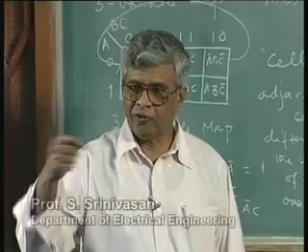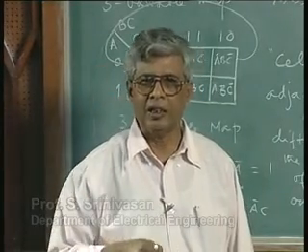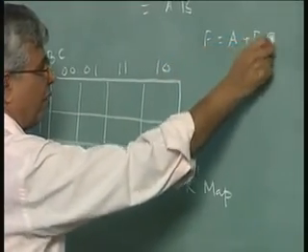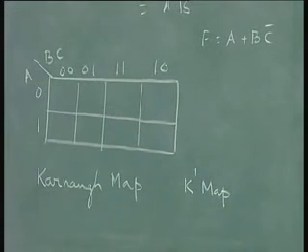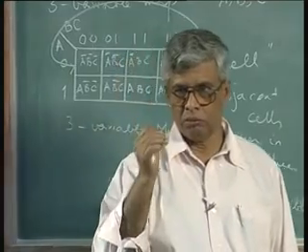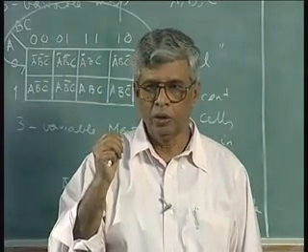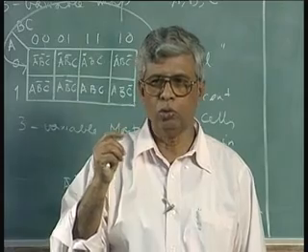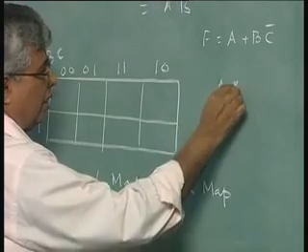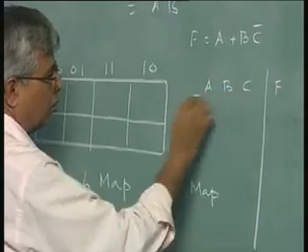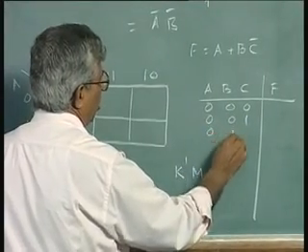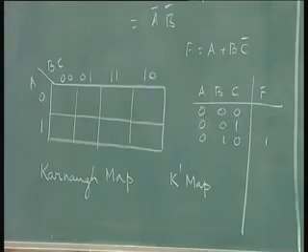So let us apply that function, f is equal to A plus B C bar, in the truth table that we had originally. Which are the entries of the truth table which were 1 in the output? You remember A, B, C. This is the truth table. This is a 1, B, C bar.